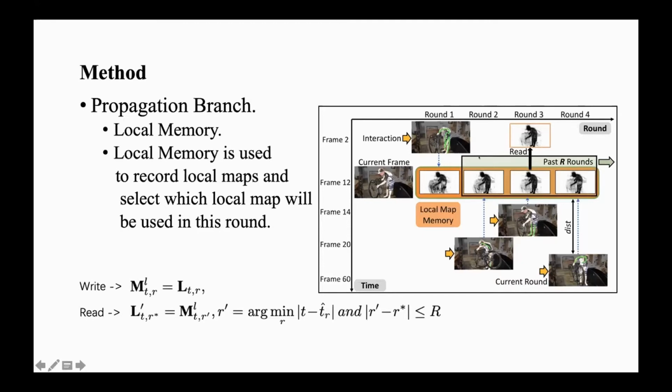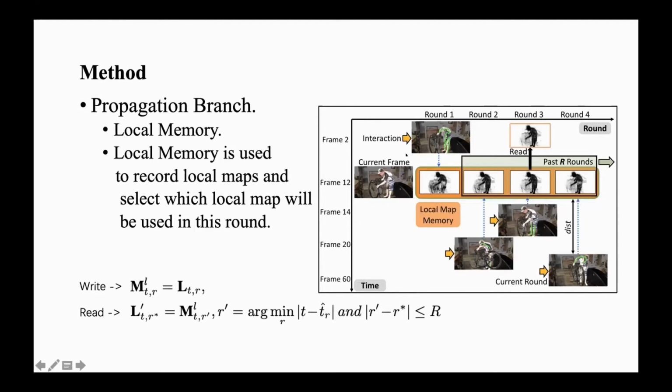So we record the local maps in the local map memory, and we select the local map which is nearest to the user annotated frame.